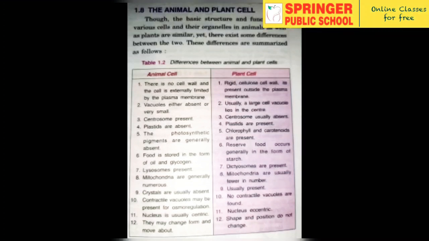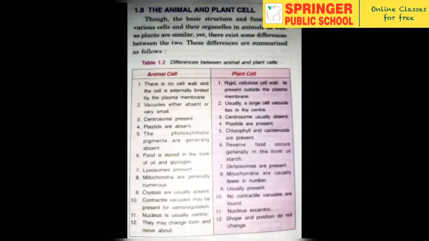The animal cell is without a cell wall and contains only the cell membrane as its outermost covering, whereas the plant cell contains a very rigid cellulosic cell wall, but it is freely permeable, unlike the cell membrane, which is semi-permeable. First point of difference. Second point of difference is vacuole.